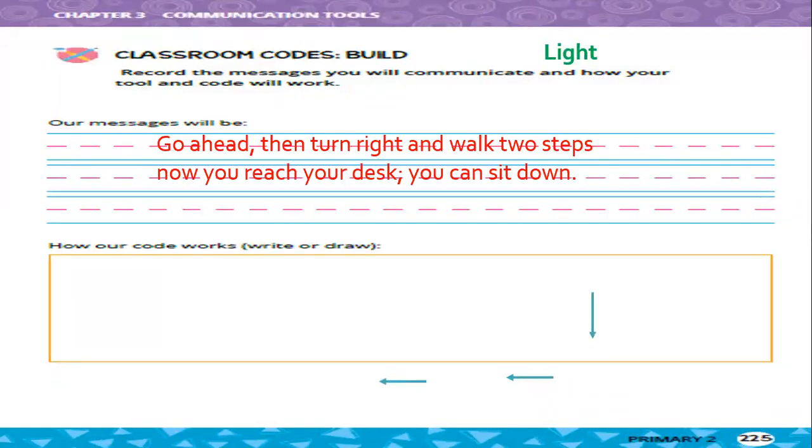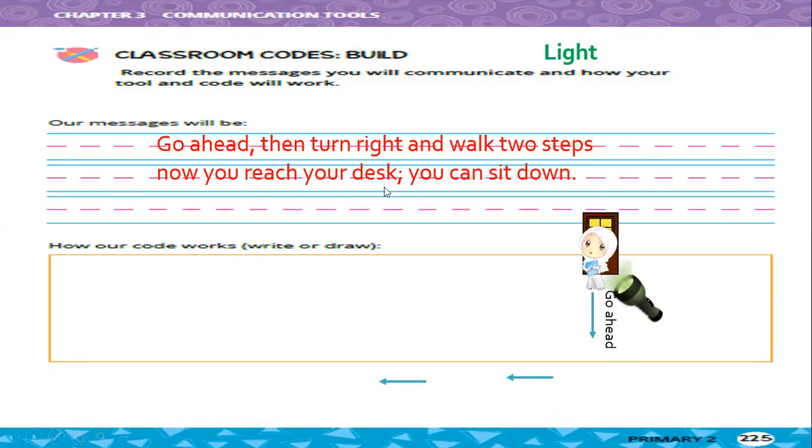Then you can sit down now, and we say that using purple light. In this way, we build our plan. Now, do you have any suggestions for improvement of our plan?